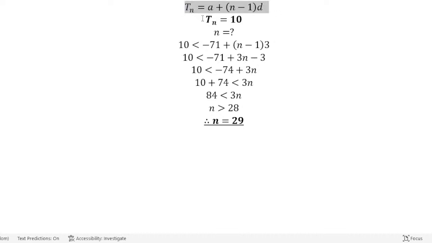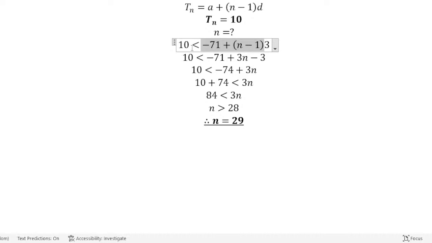But we wanted a term that is greater than 10, so this whole thing should be greater than 10. In other words, 10 is less than the general form.